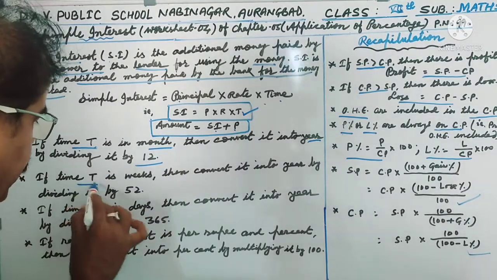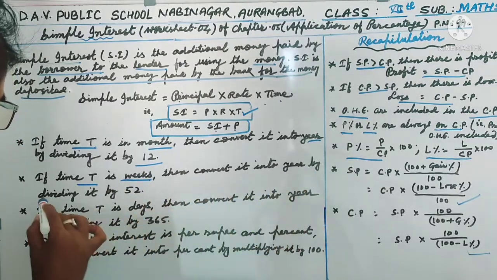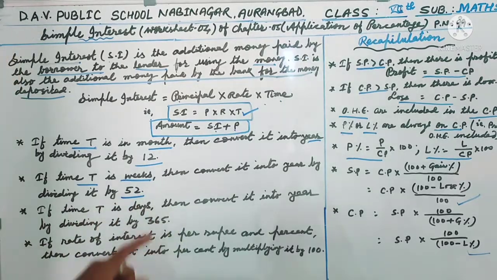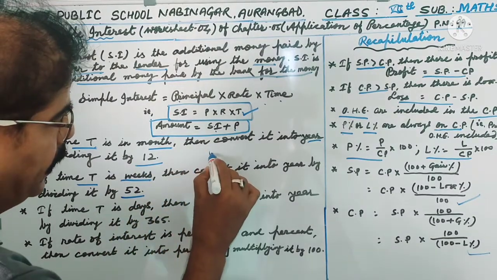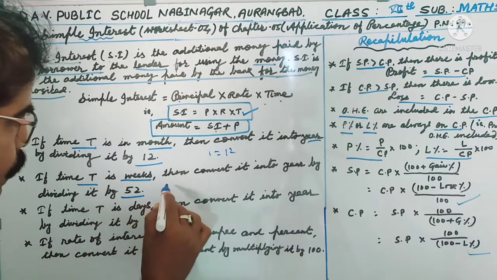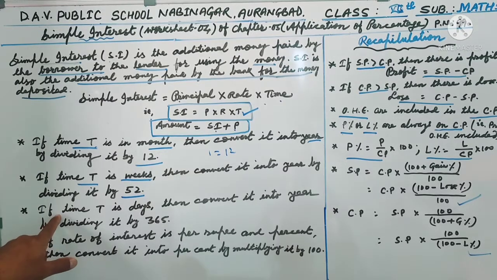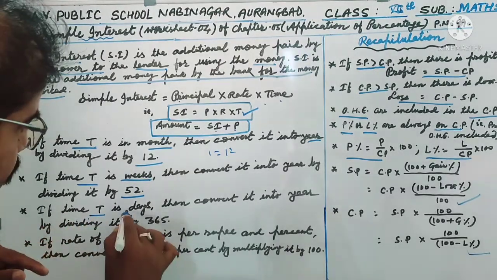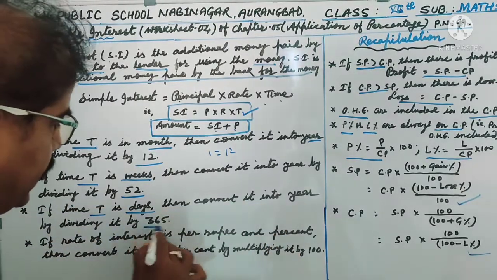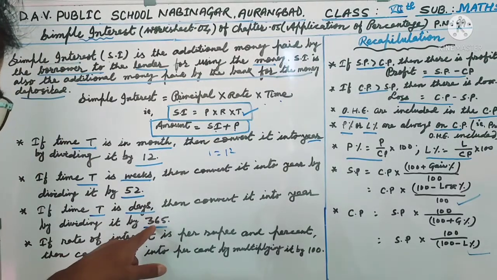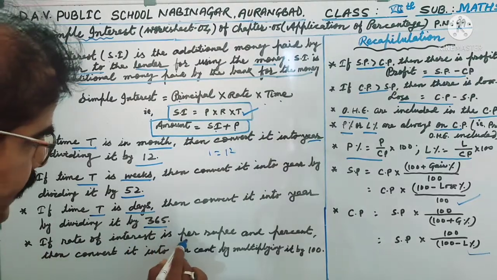If time T is in weeks, then convert it into years by dividing it by 52, because 1 year equals 12 months and 1 year equals 52 weeks. And if time T is in days, then convert it into years by dividing it by 365, because 1 year equals 365 days.